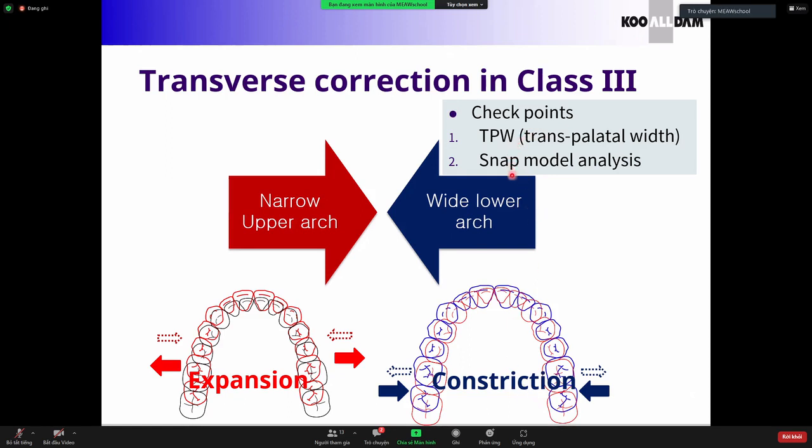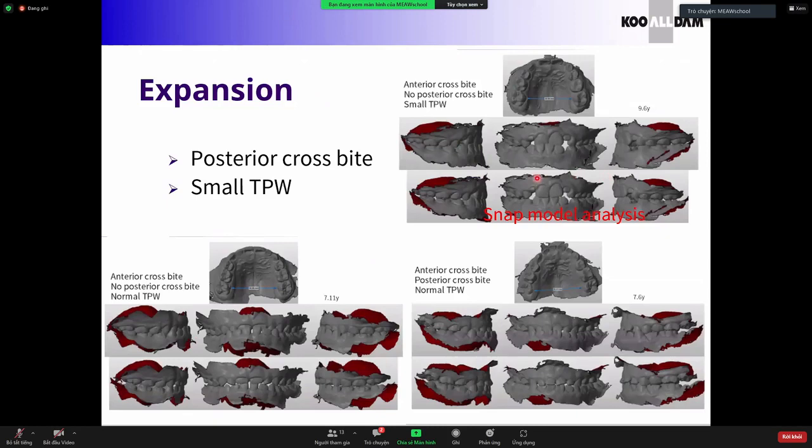At that time, I want to check transpalatal width and SNAP model analysis. SNAP model analysis is, even though this patient has anterior crossbite, after making normal overbite and overjet and class 1 canine key, I want to check the posterior relation.